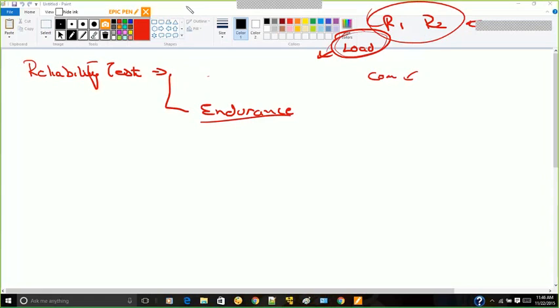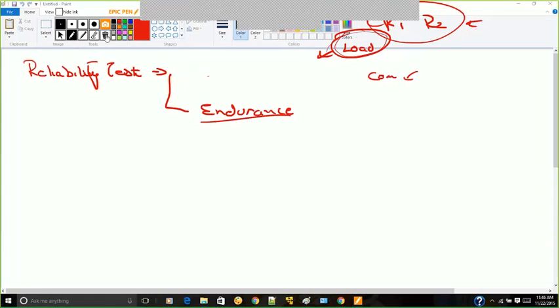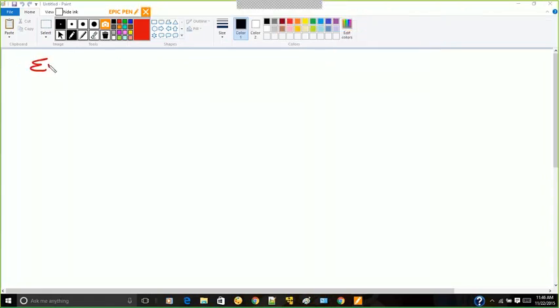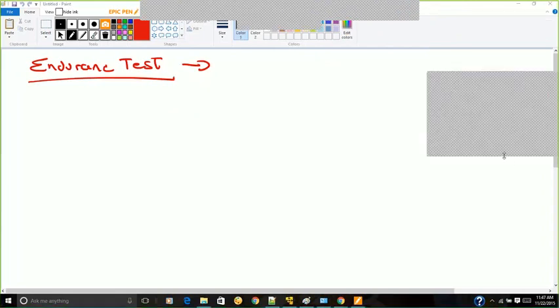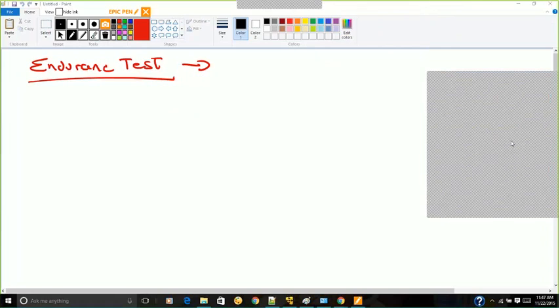Now, what is endurance test? Let's see what is endurance test. Endurance test is to find what is the endurance of the application. Can anyone tell me what do you mean by endurance? What do you mean by endurance? No one?